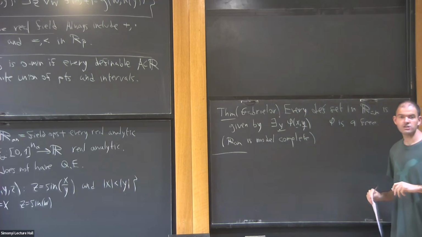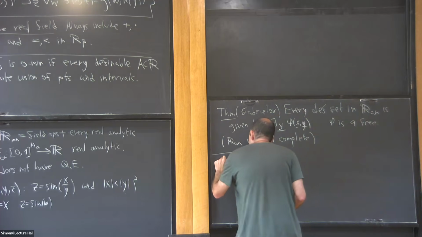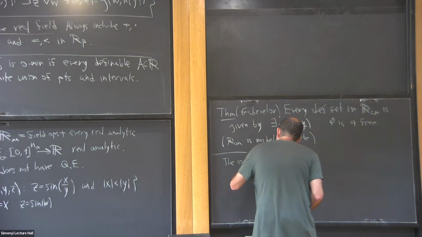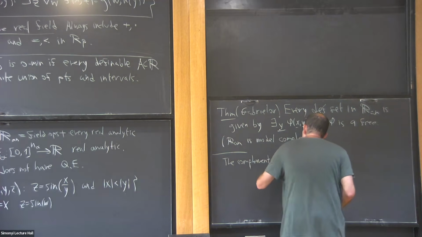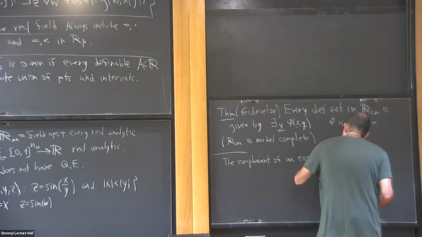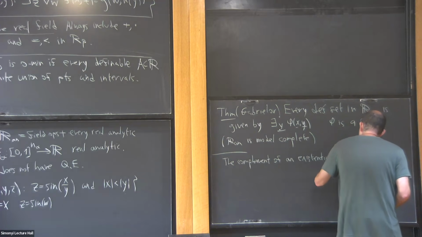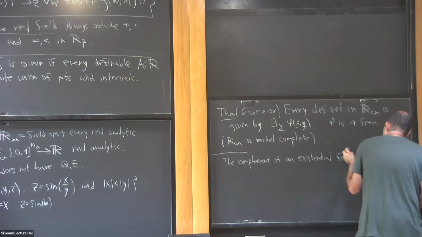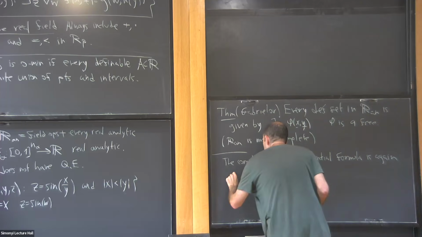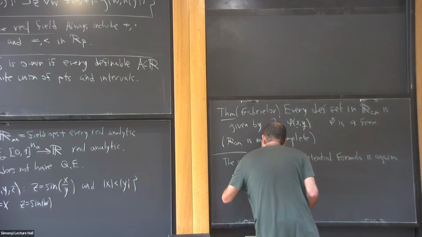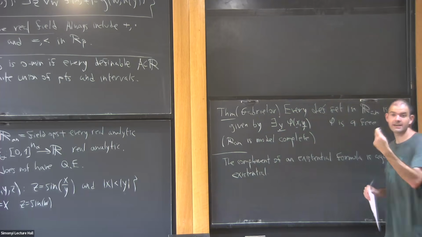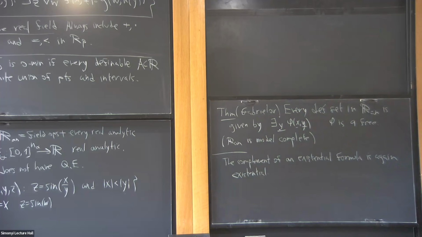But an equivalent formulation is that the complement of an existential formula is again existential. Okay, so whenever you have an existential formula and you write its complement, you can again express it using an existential formula.